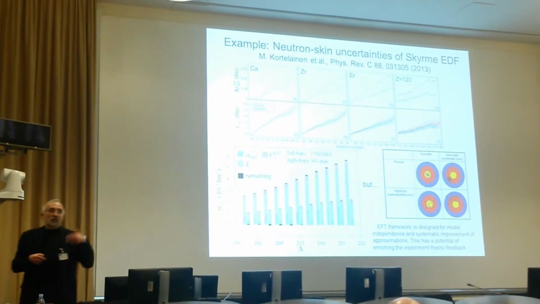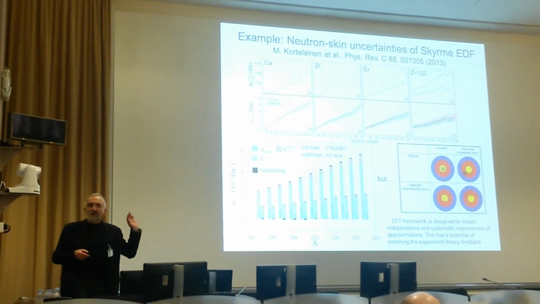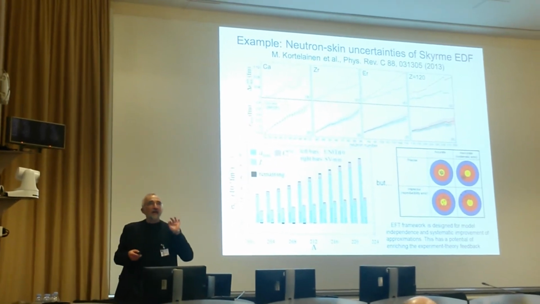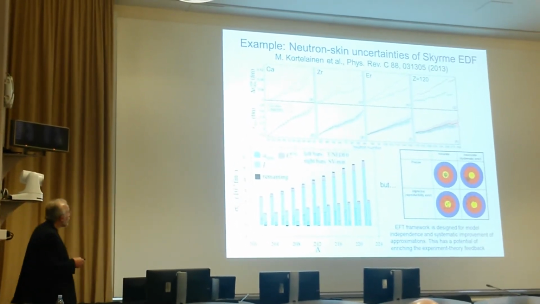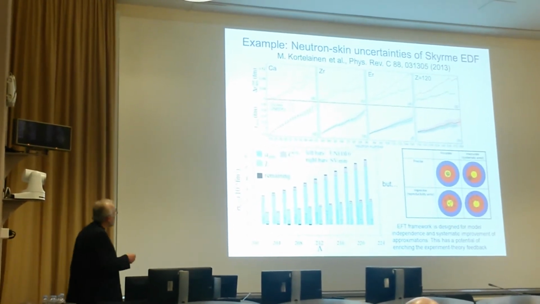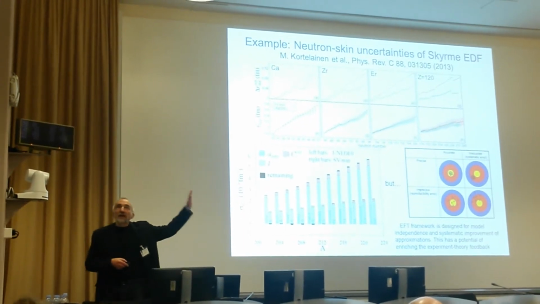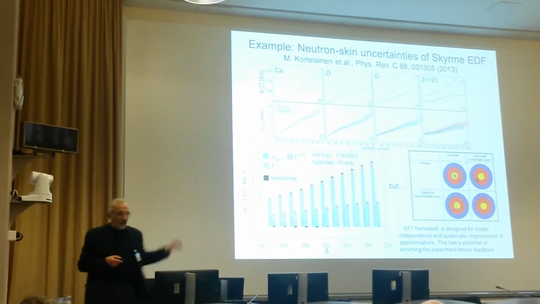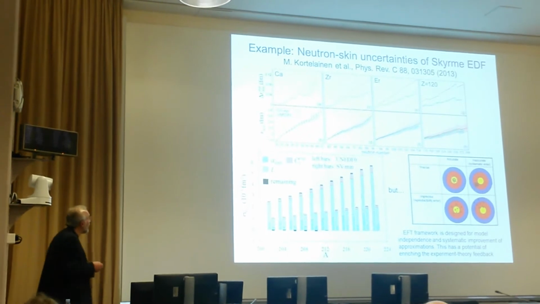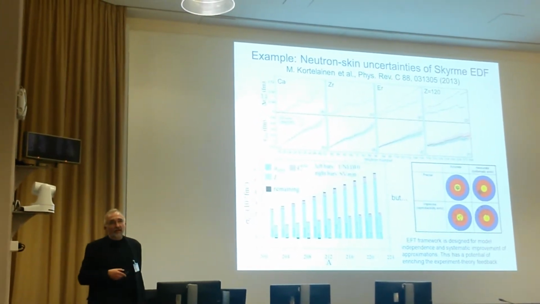So in this theory it was possible, because covariance matrix was known from those interactions, to estimate theoretical uncertainties. Okay? So you see that while both theories are very close to each other, as we move towards the neutron drip line, our lack of knowledge about isospin excess manifests itself in those very large statistical error bars.